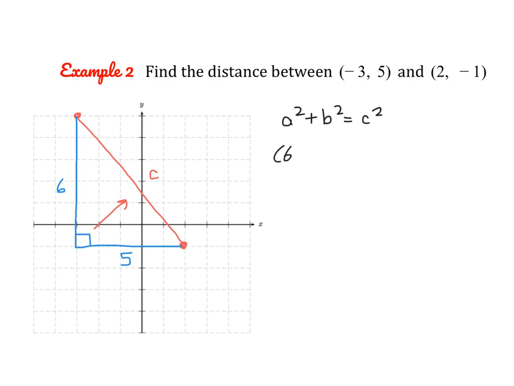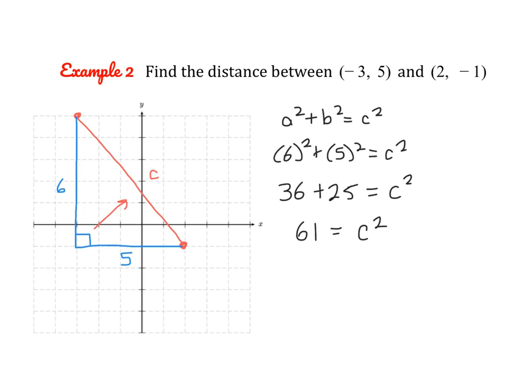So we have 6 squared plus 5 squared equals c squared. 36 plus 25 equals c squared. 61 equals c squared, and then remember, the way you undo a square is by taking the square root of both sides. So we end up with c equals the square root of 61.